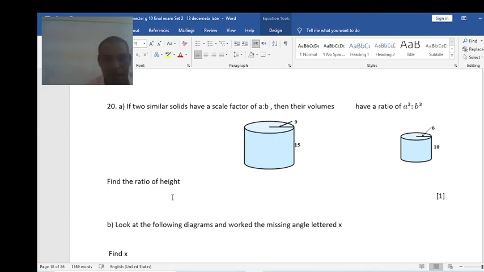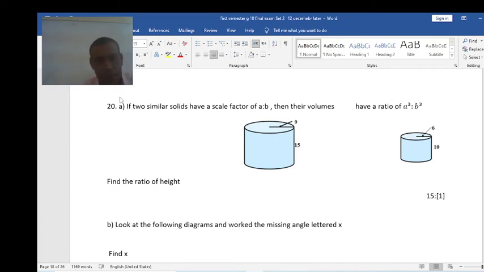So the height is 15 to 10. You can also simplify by 5. We will get 3 to 2. This is the ratio. Clear?